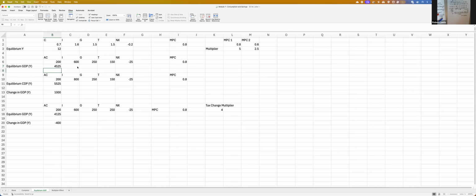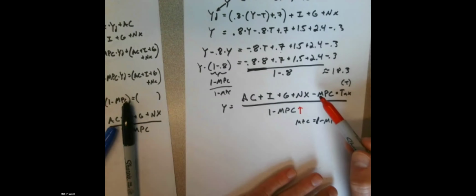Okay. So what happens if instead my marginal propensity to consume changes? Well, if I think about my equation here, and I'll kind of cut out to show you some directional changes, if everything else stays the same, but my marginal propensity to consume goes up here, for a second we'll ignore taxes just to make this a little bit easier.